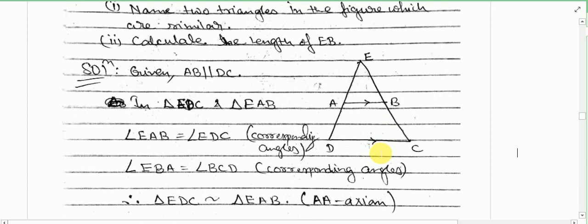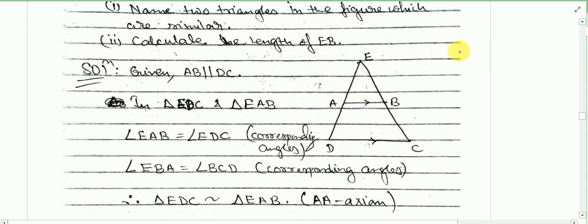Calculate the length of EB. So here this is the triangle EDC, and here AB is parallel to DC. The first question is, which two triangles are similar?